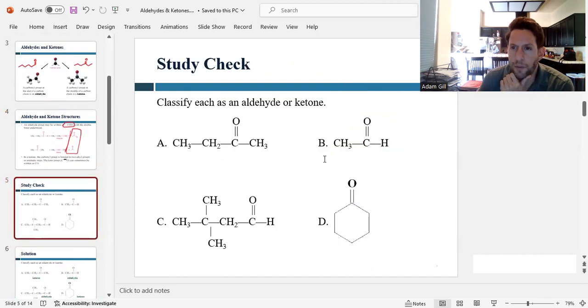All right, let's do a quick check. Can you classify each of these as an aldehyde or a ketone? Well, the first one, A, we see the carbonyl is here, and it's bonded to a carbon on both sides, so that's going to make it a ketone. For B, we see that there's a hydrogen next to the carbonyl, and so that's going to be the aldehyde.